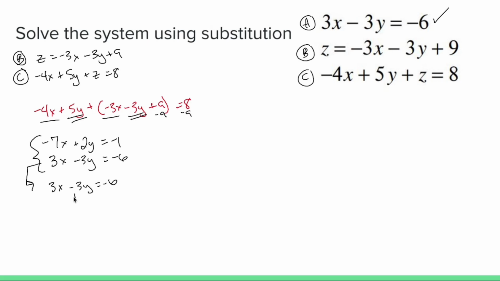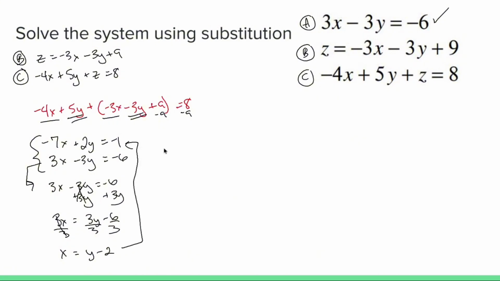If I solve for x, I'm going to add 3y to both sides. 3x equals 3y minus 6. Divide everything by 3. X is going to equal y minus 2. Let's take that and plug that into the top equation.